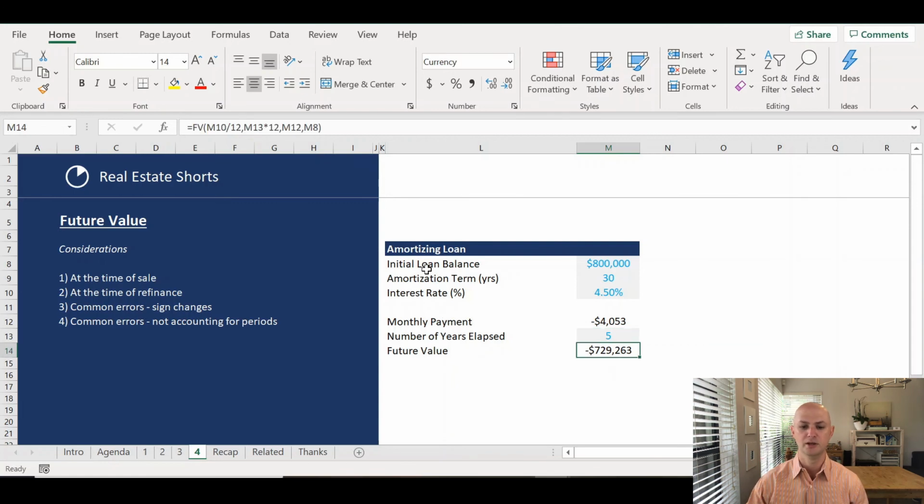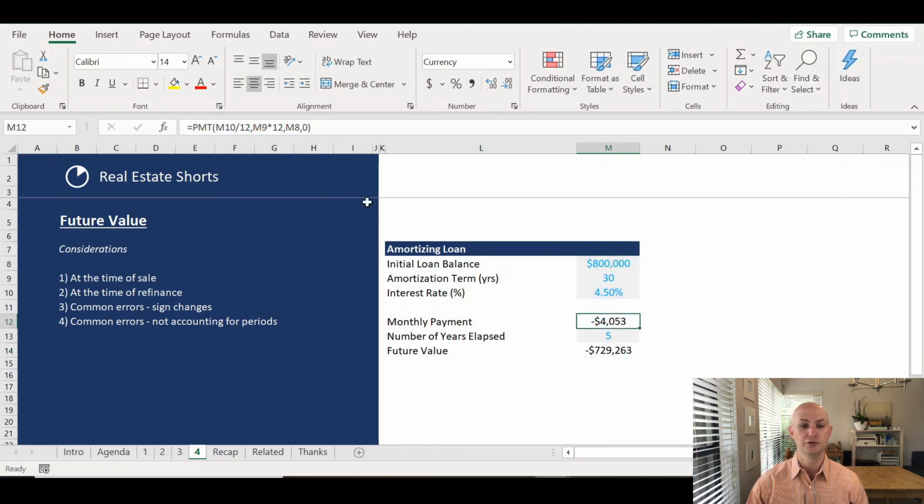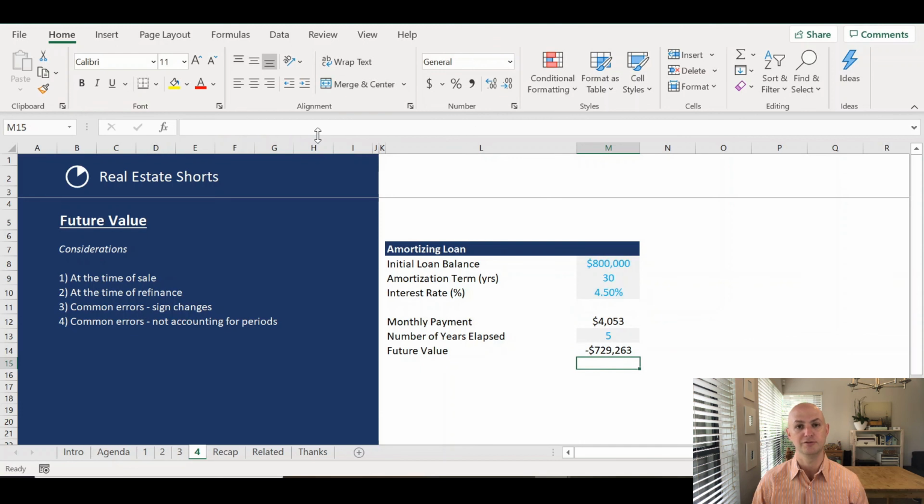So as we go through this process, in this case, payment was already negative. So I did not make an adjustment to payment. But for whatever reason, if you showed payment as being negative, so in this case, a negative of a negative becomes a positive, we would have to make the adjustment within the FV function so that we can calculate that future value appropriately.